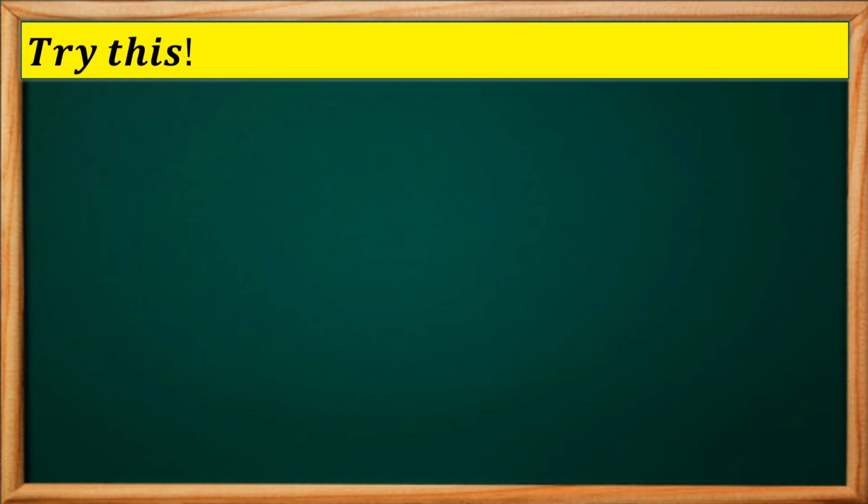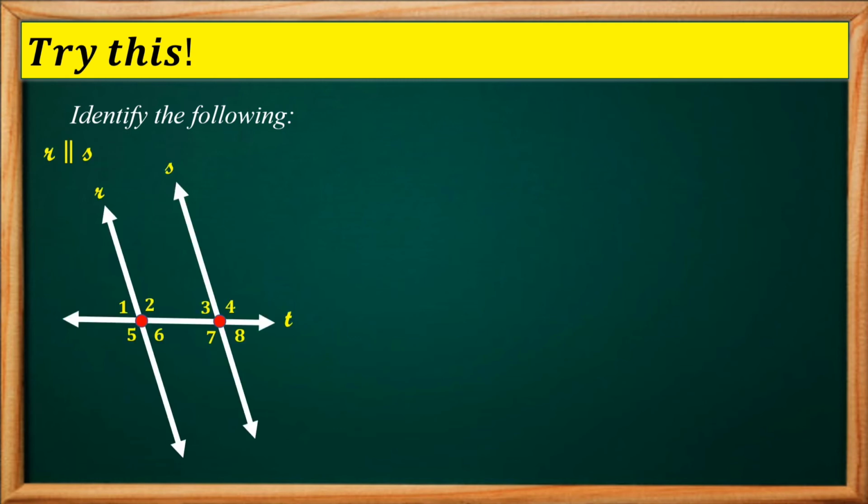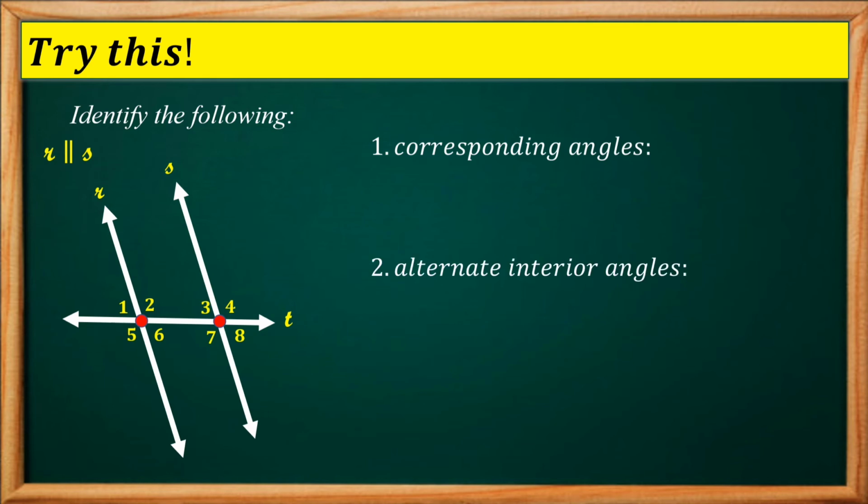Now, let's try this. Identify the following if line R is parallel to line S, cut by a transversal which is line T. Identify the corresponding angles. We also have alternate interior angles and alternate exterior angles.